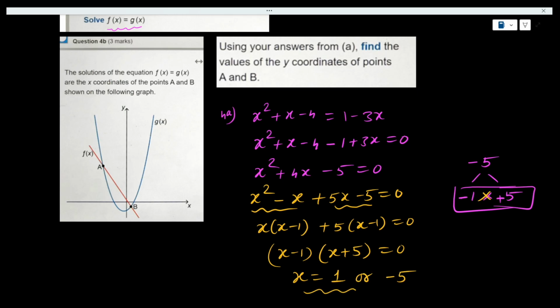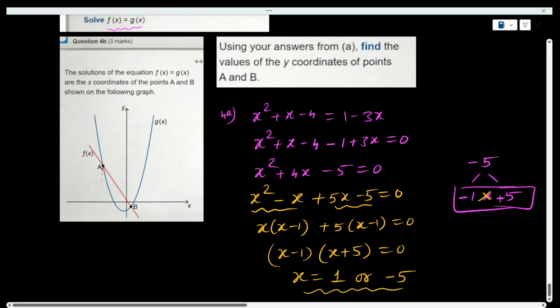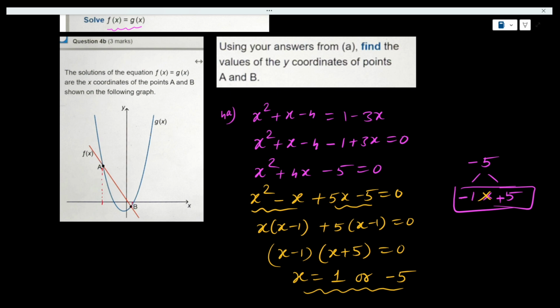So you are getting two x coordinates. Now if you observe, one of the coordinates has x on the negative side, and the other is on the positive side. Then how do you get the y value? You can substitute in 1 minus 3x. If x is 1, y will become 1 minus 3, which is minus 2.